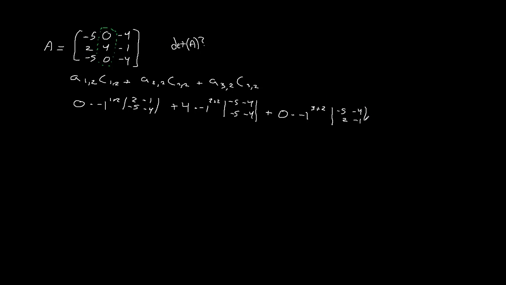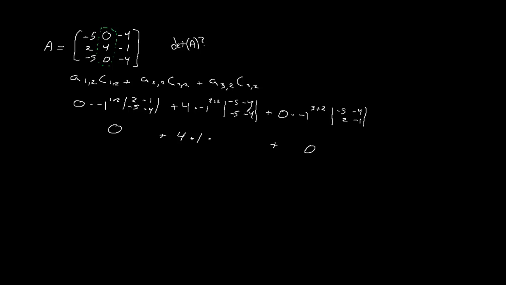Okay. So this is where it's nice to pick a row with a lot of zeros. We don't have to do anything with this term because we see a 0 there, so that's just 0. We see a 0 here, so that's just 0. So then all we have to deal with is this 4 times -1 raised to the 4th power, which is 1, times the determinant here.